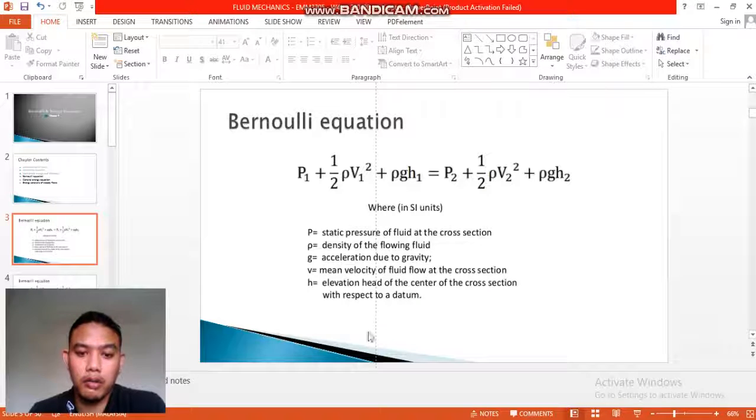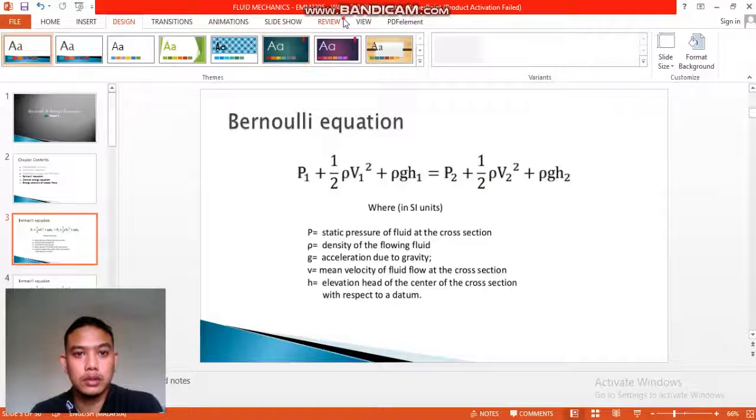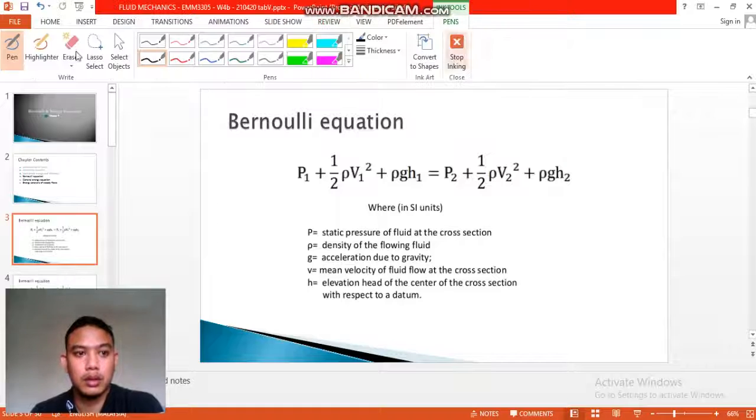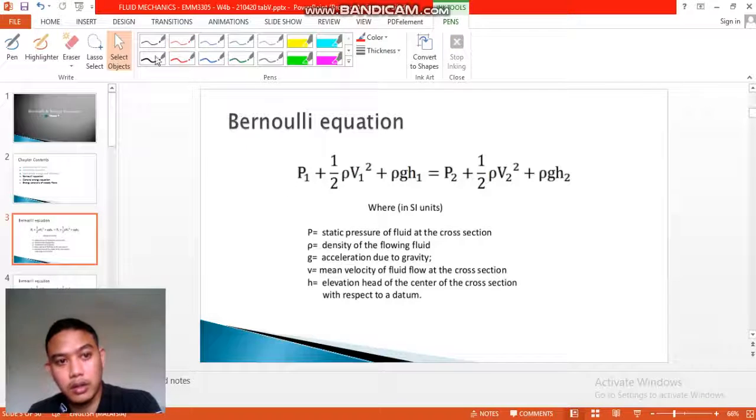The Bernoulli equation involves three main energies. First, pressure energy.